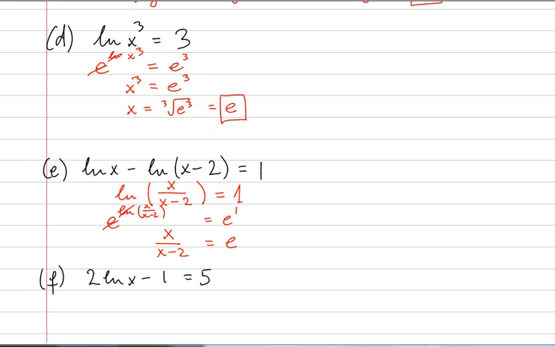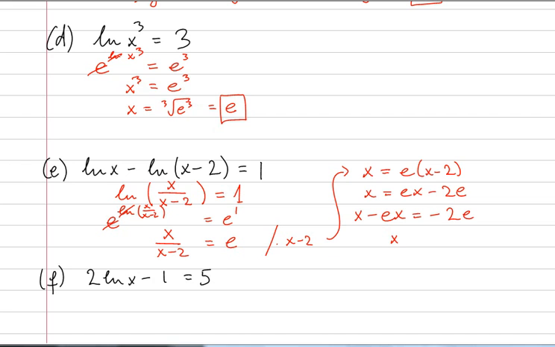And we have to solve this for x. Now it's something that has denominators. We multiply by the denominator, and therefore I get x equals e times x minus 2. So x equals ex minus 2e. Then we bring all x's, all unknowns to one side. So I have x minus ex equals what's left.